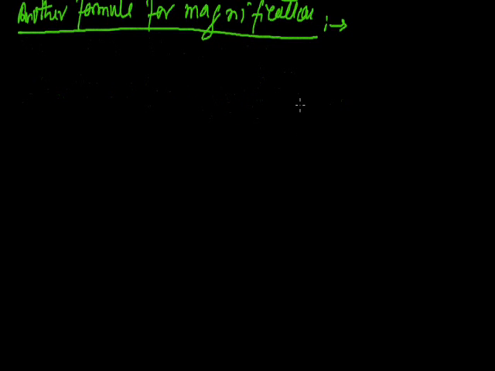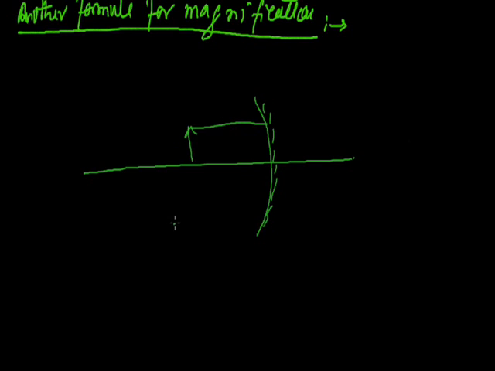So this one is a concave mirror. This one is AB, A dash and B dash.